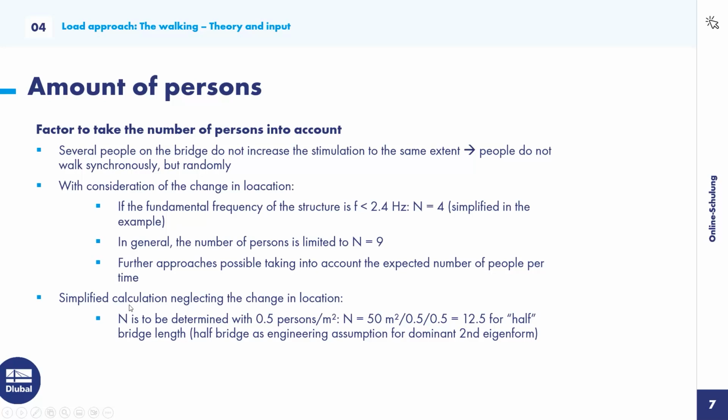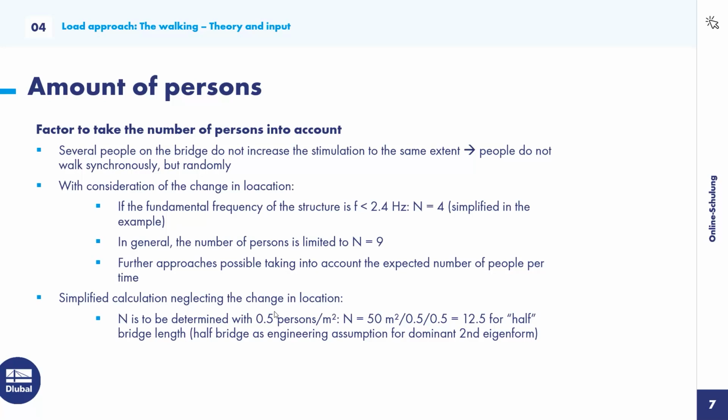And there's also a simplification if you neglect the change in location. So if you have just one load on a location, but that's quite hard, I would say. For our structure, it's 50 square meters, and it says 0.5 persons per square meter. This would result in 25 persons. So if we would insert 25 into our formula, we would have quite a high loading factor here.